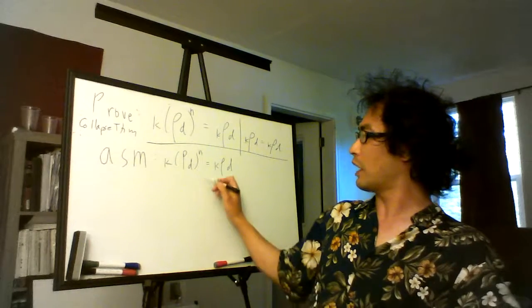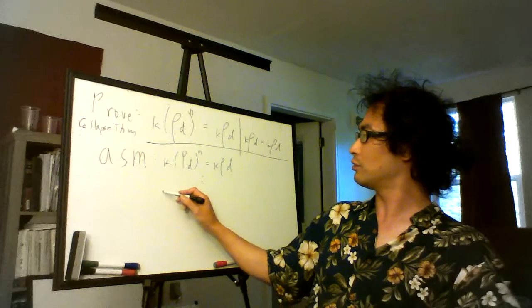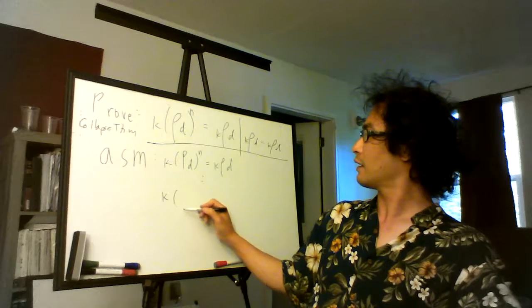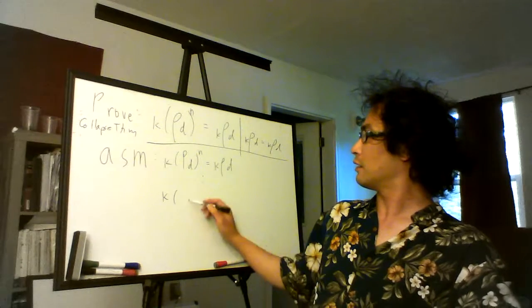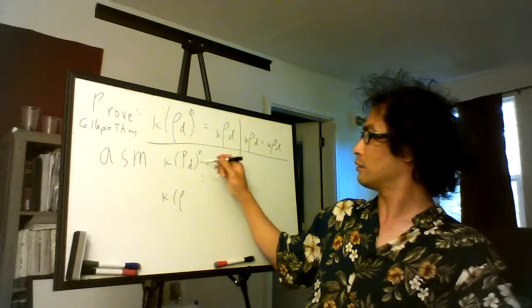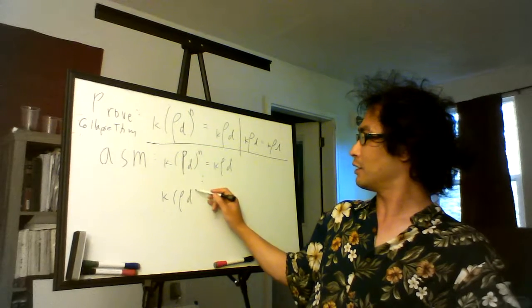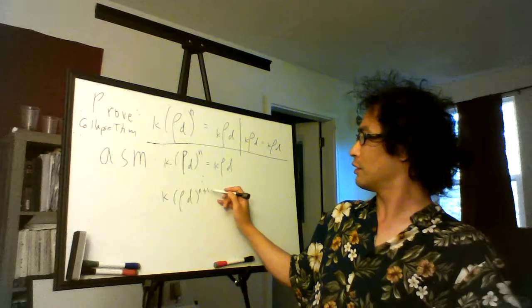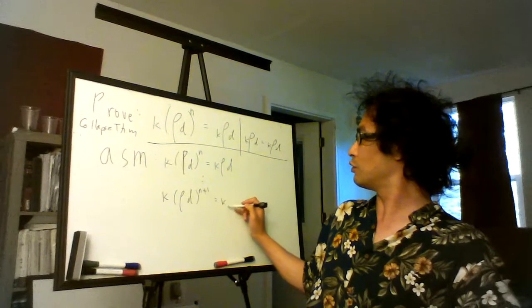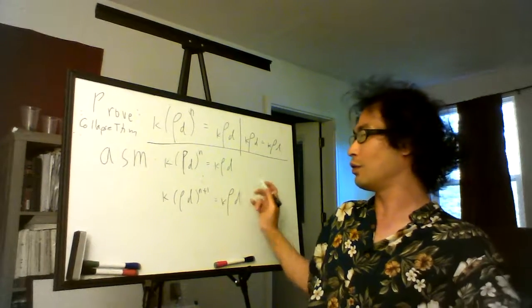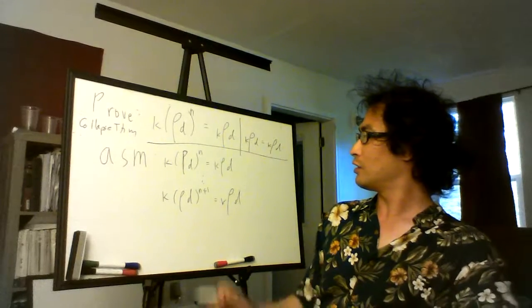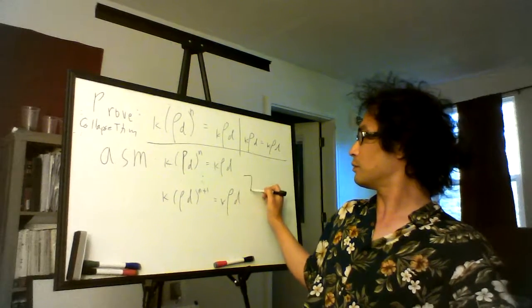Then from dot dot dot we need to prove that K rho d to the n plus 1 is also equal to K rho d. I'm sorry, this is looking like P. Okay, that's all we need to prove. Okay, we need to fill in the middle steps, fill in the blank.